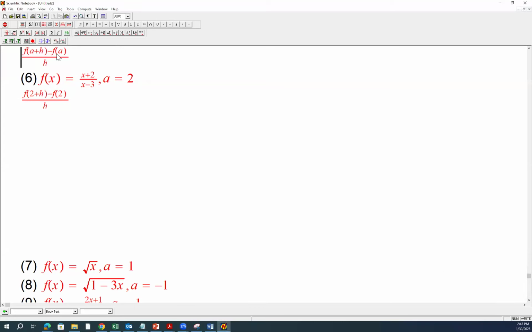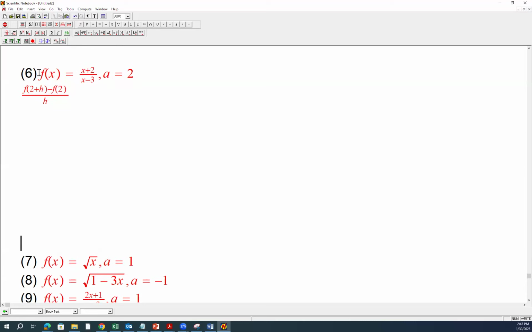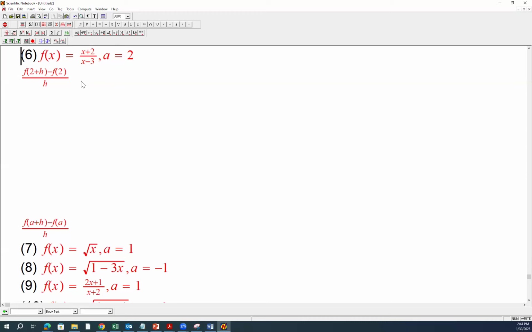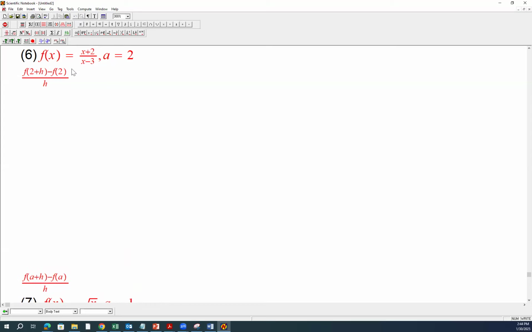As you can see, this function is a bit more interesting. It's not a polynomial, it is a rational function. And you may ask me, are we going to meet this kind of function in calculus? I can assure you, yes, for sure. You may meet this question exactly.